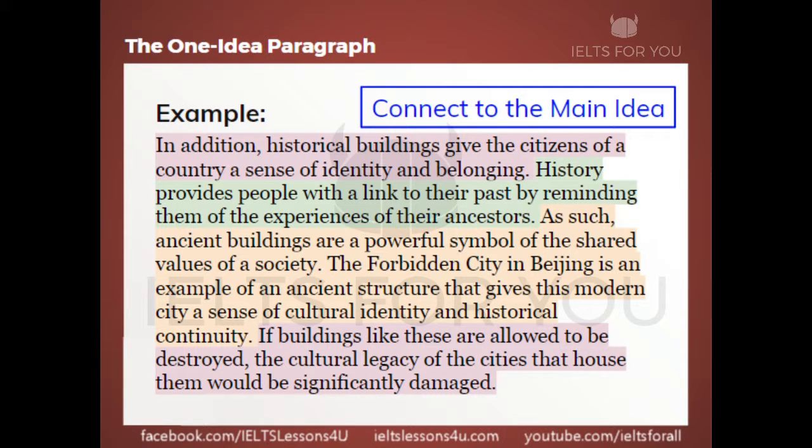So we're connecting not only back to the beginning of the paragraph, but to the overall theme of the essay, which is destroying historical buildings. So we use this word destroyed. If buildings like these are allowed to be destroyed. So we're using this nice general sentence to link back to the overall topic of the essay.